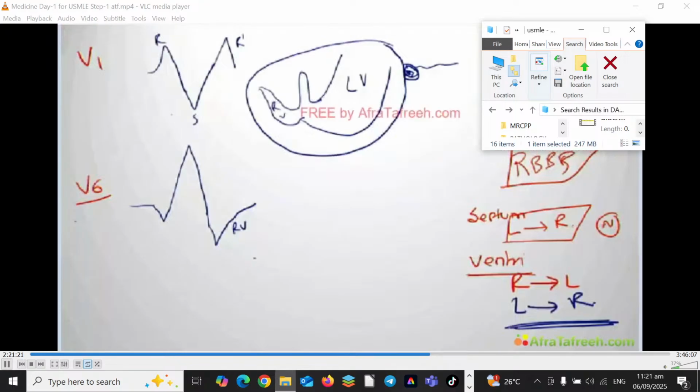The left ventricle is so big that anything will have a much bigger impact in the left ventricle. The left ventricle will always have more impact on the EKG.